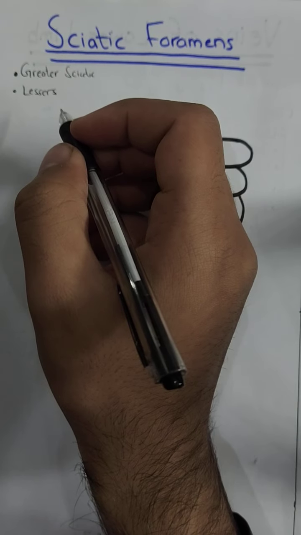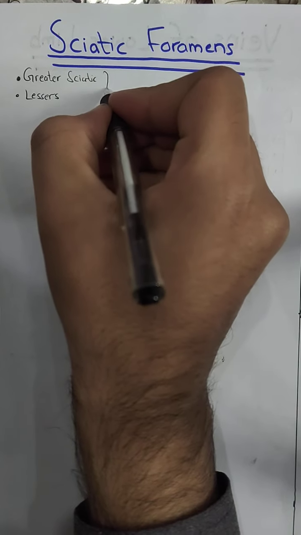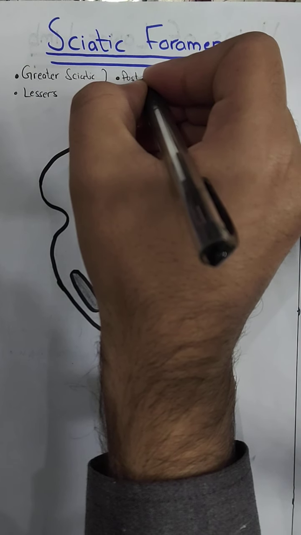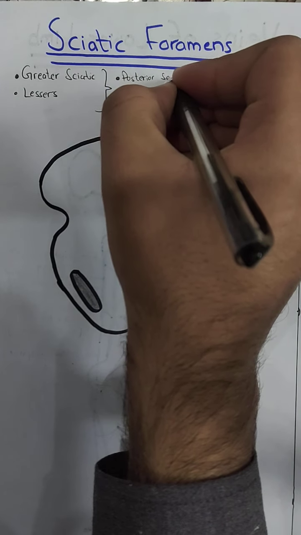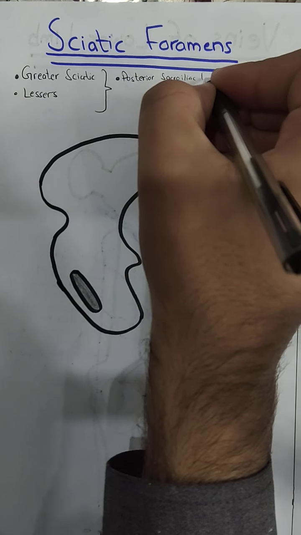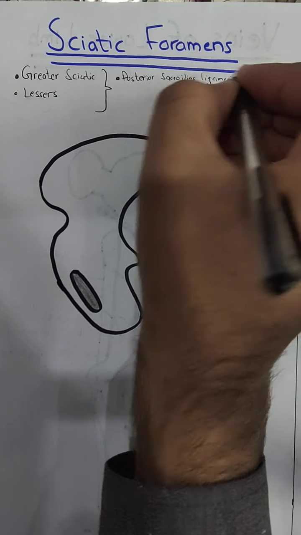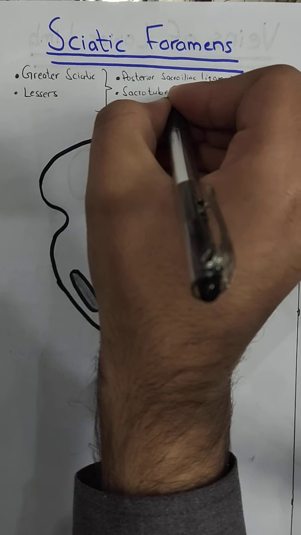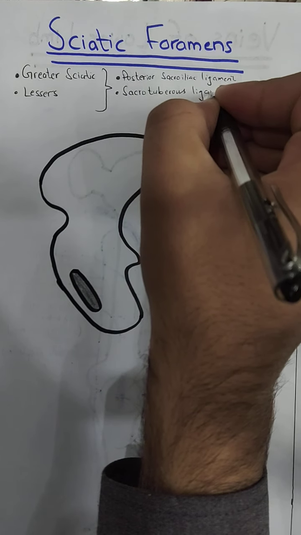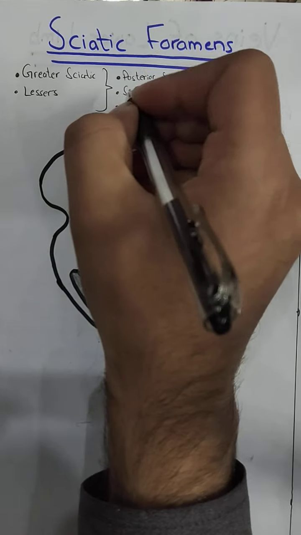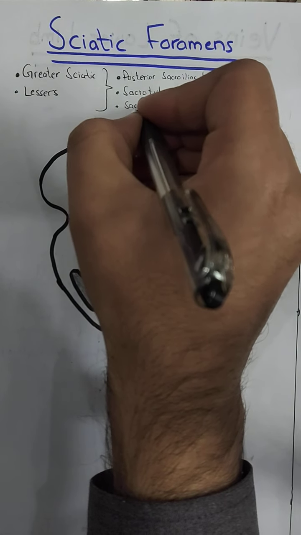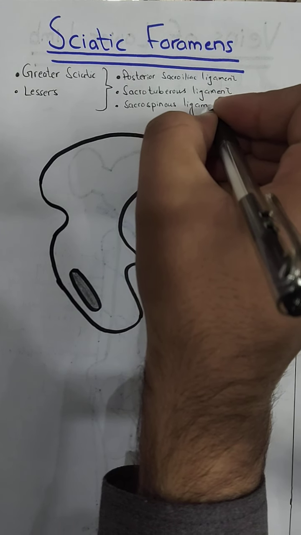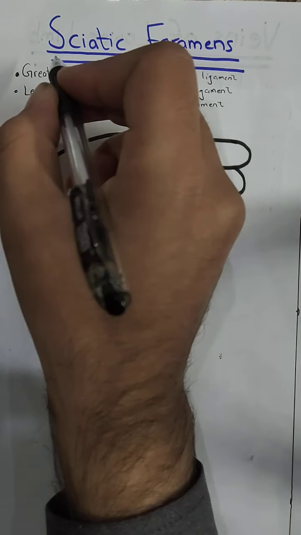These two foramens are actually formed by three ligaments, and those three ligaments are the posterior sacroiliac ligament, the sacrotuberous ligament, and the last one is the sacrospinous ligament. These three ligaments are actually forming these two foramens.